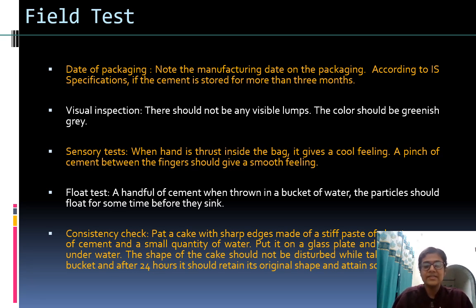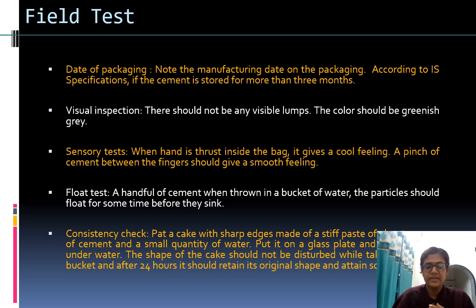And the last one is where we take around 100 grams of cement and some water and make a stiff paste, roughly the size of a cake, with sharp edges. Then we put it on a glass plate and put it under water. While putting it under the bucket of water, the shape should not be disturbed.